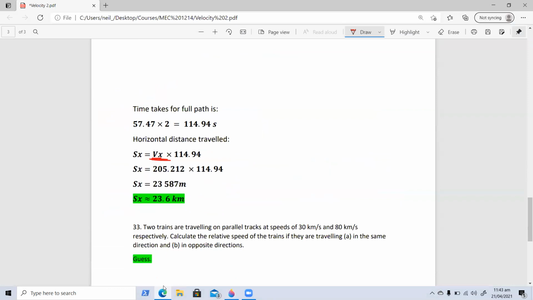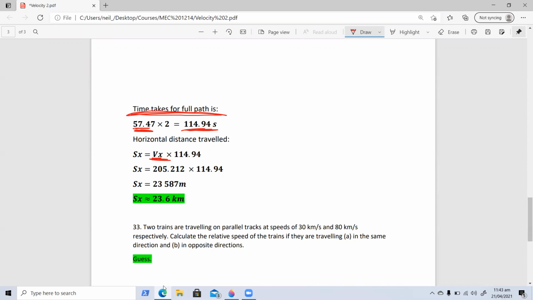So the time taken to travel the full path is equal to 57.47 times 2, which is equal to 114.94.